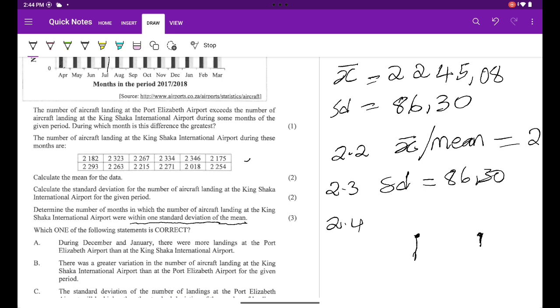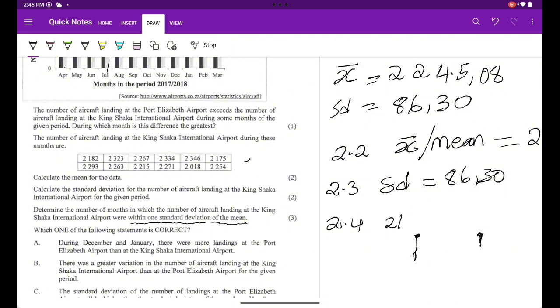So boundary number 1, we just take the mean, which is 2245.08, and subtract 86.30. We can do that with our calculators.